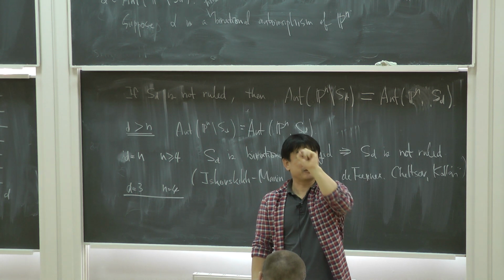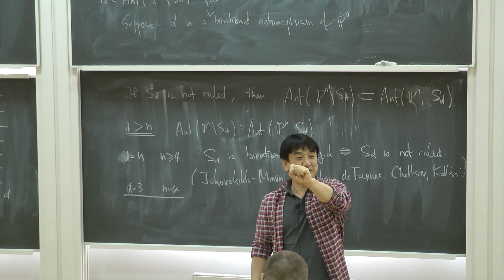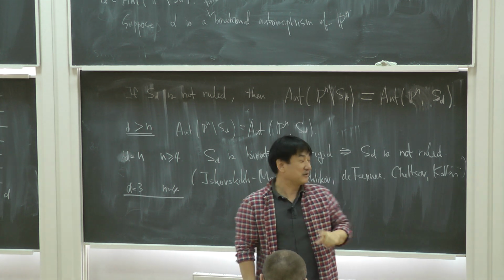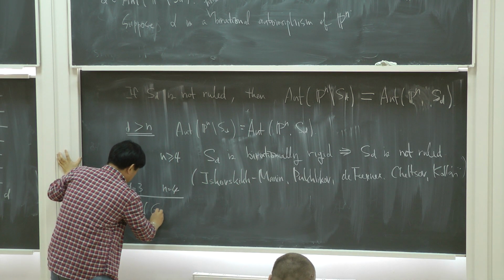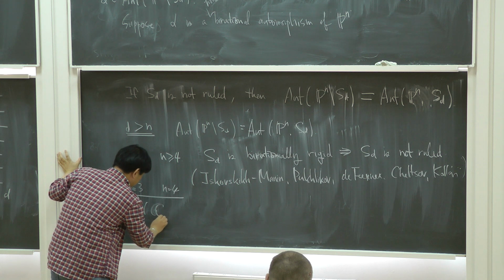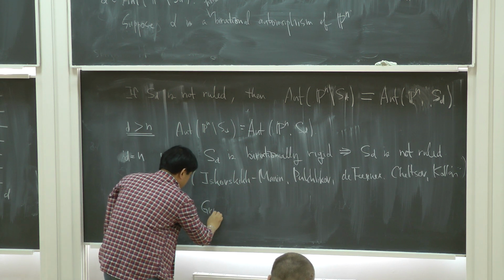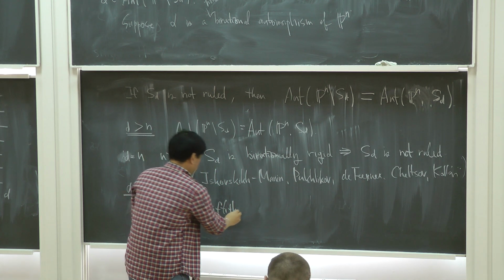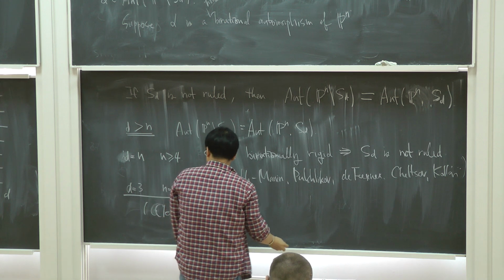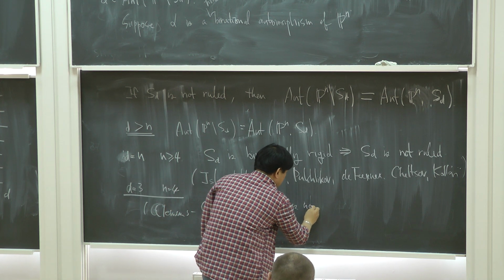So P1 times some surface, and this surface must be rational. So this is Clemens and Griffiths. Correct. So S3 is not ruled.